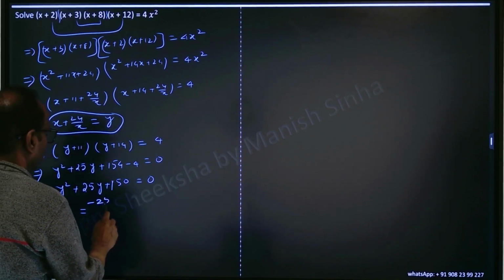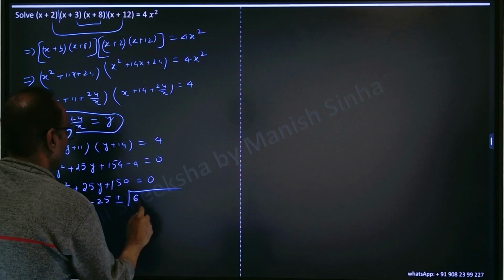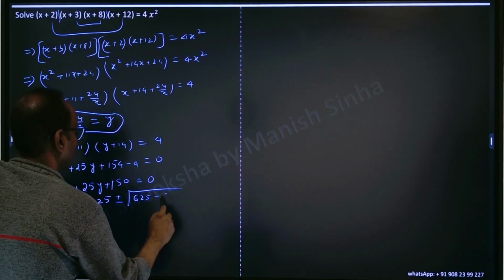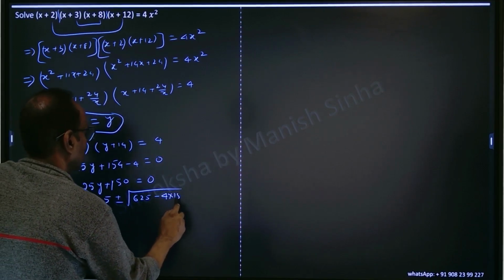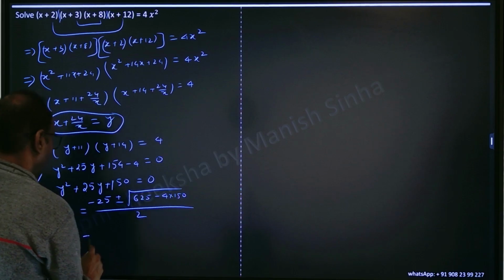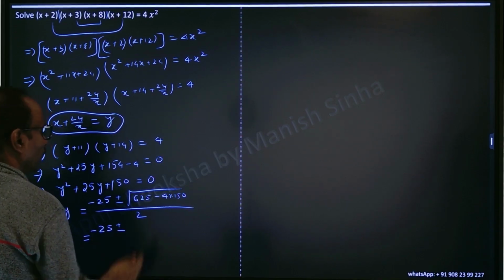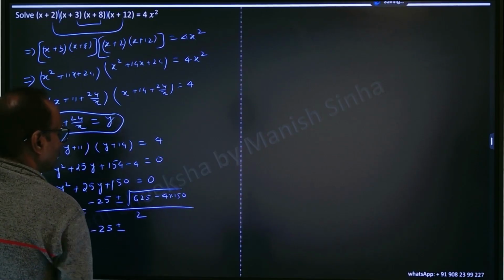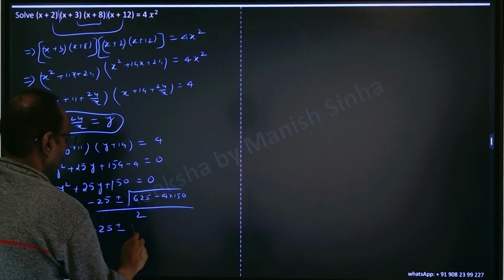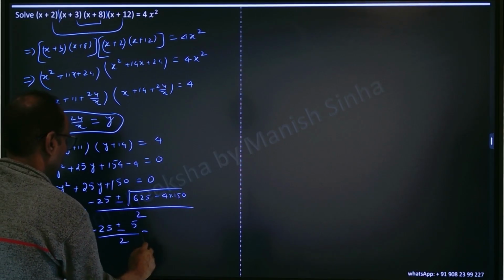Minus 25 plus minus the square root of 25 square, 625, minus 4 into 150, divided by 2. So this will become 5.